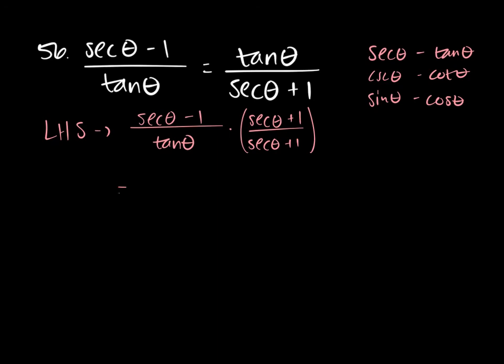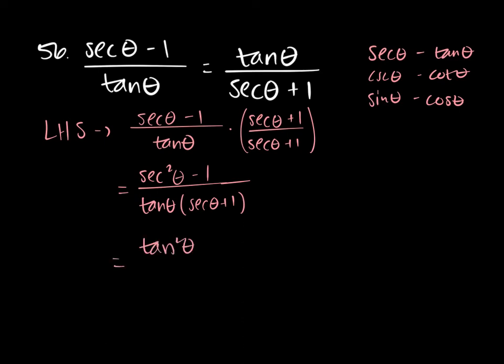Okay? By doing that, I get secant squared theta minus 1 over tangent theta times secant theta plus 1. Secant squared theta minus 1 is a Pythagorean identity, which is equivalent to tangent squared theta over tangent theta times secant theta plus 1.